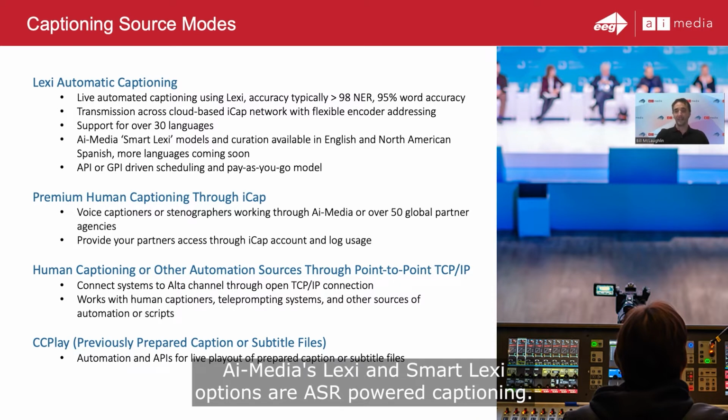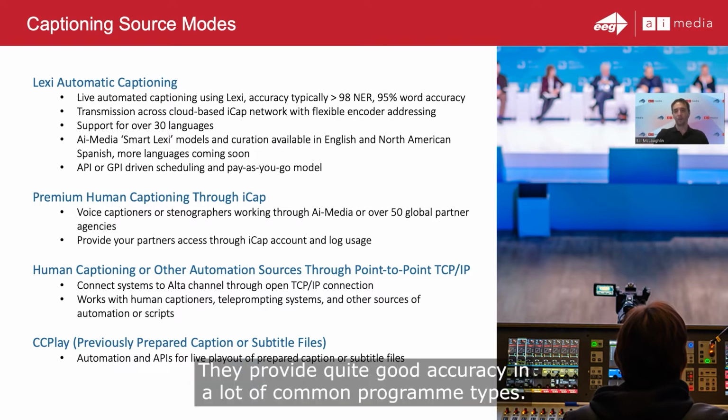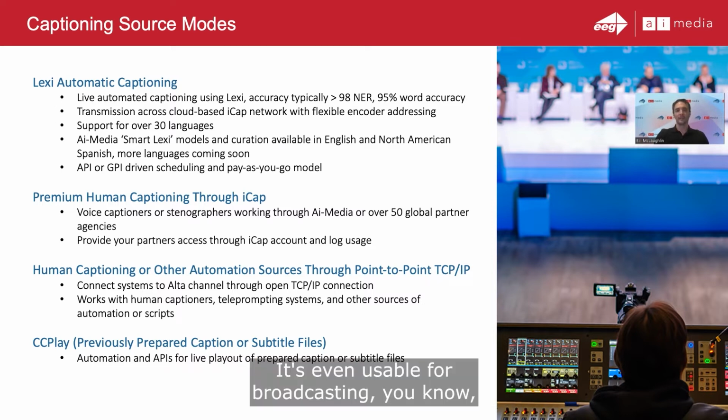AI Media's Lexi and Smart Lexi options are ASR powered captioning. They provide quite good accuracy in a lot of common program types. It's even usable for broadcasting, for program types that are relatively straightforward, news programming and things like that.